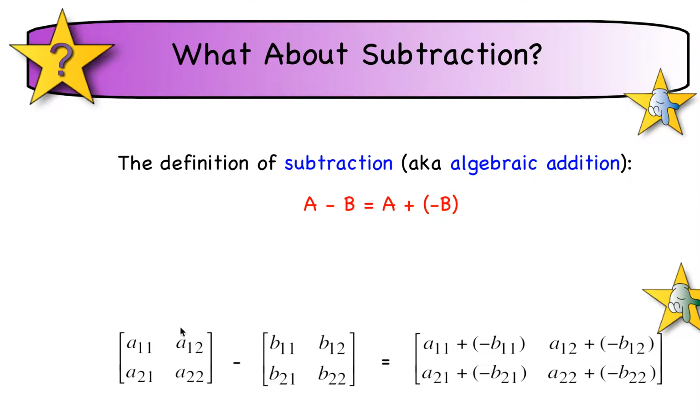So if we're going to subtract matrices, again, we go left to right and we subtract the elements that are in the corresponding locations by adding the opposite. So A11 minus B11, we're going to say that's A plus the opposite of B11.